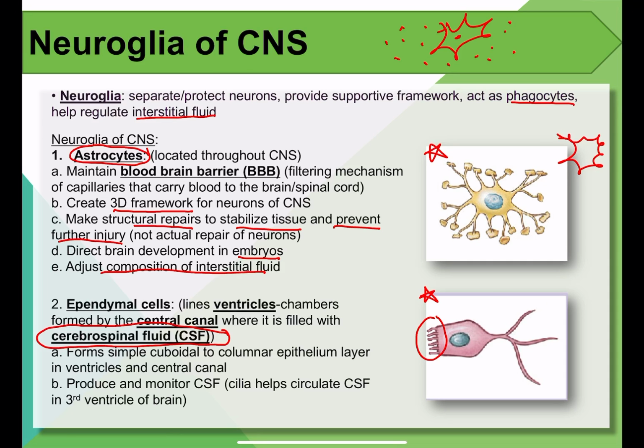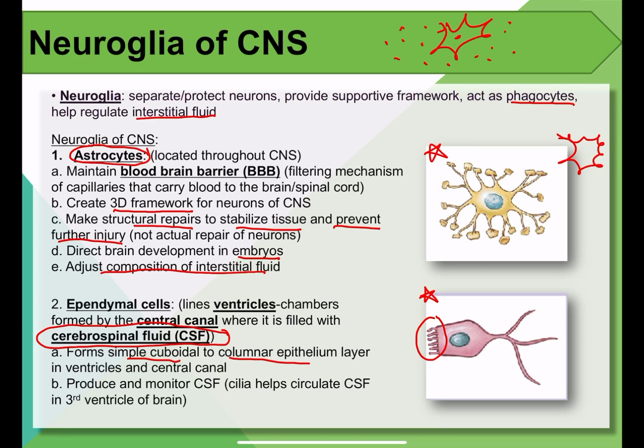They form a layer of either simple cuboidal or simple columnar epithelium around chambers of the brain called ventricles. We'll talk about the different number of ventricles we have in the brain when we get to chapter 14, and you actually have to identify where they are within brain models in lab.